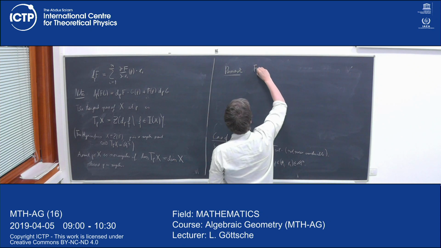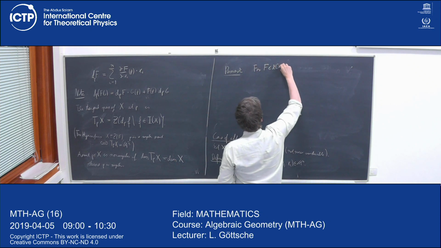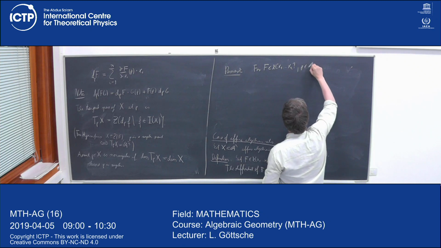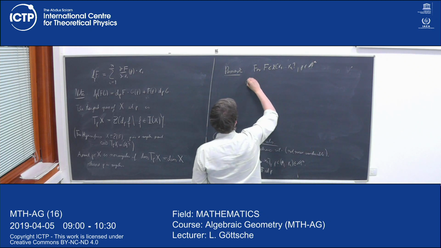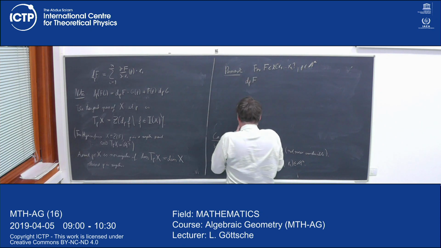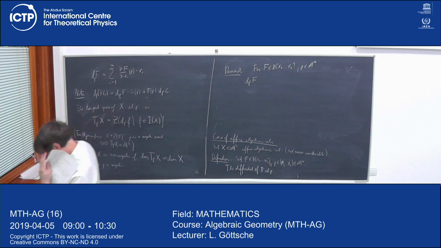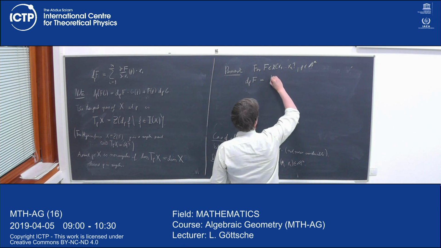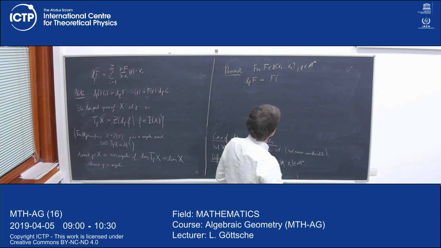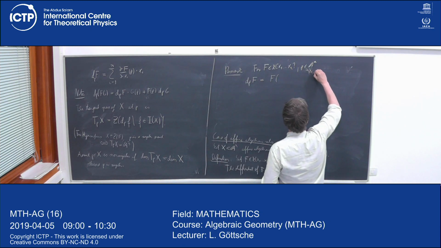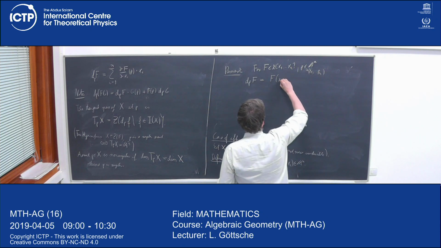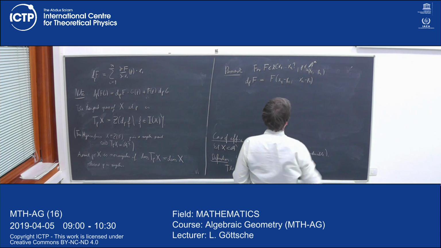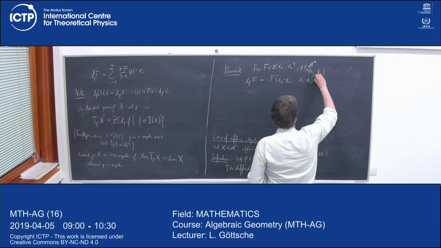So for the polynomial f in k[x1, ..., xn], and p in A^n, we have that d_p f is just the same as taking f of x shifted by the point p, writing p as (p1, ..., pn), and taking its part of degree 1.